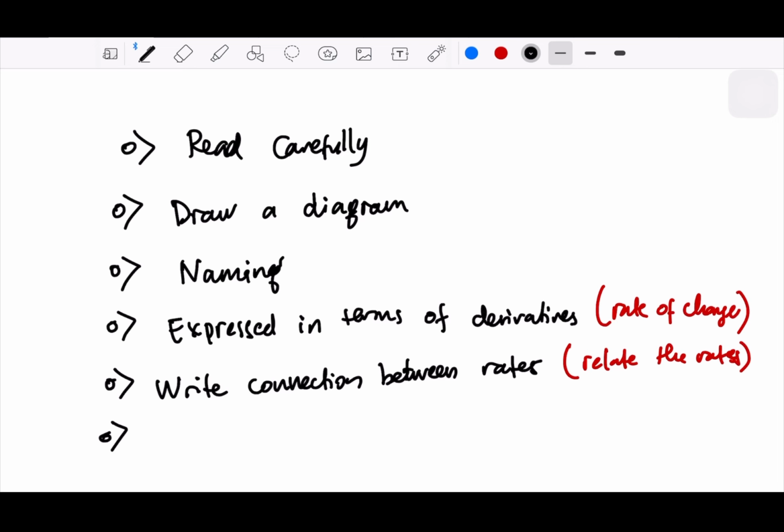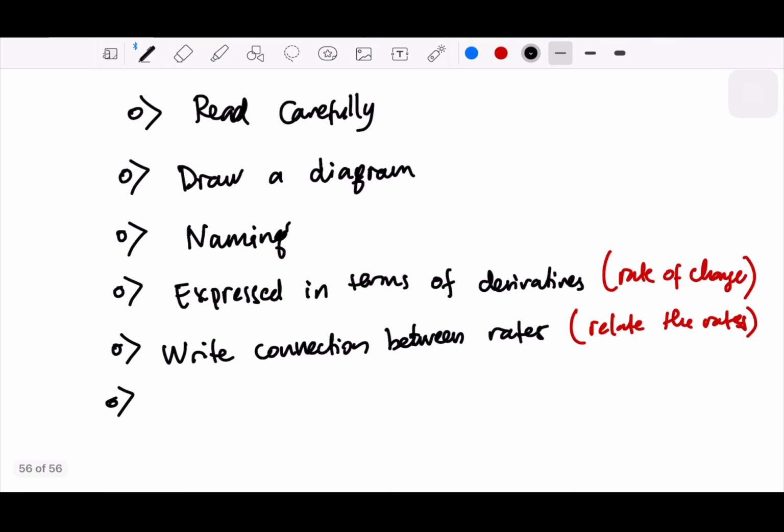And after we write the connection, we can use the chain rule or just differentiate the equation with respect to t.